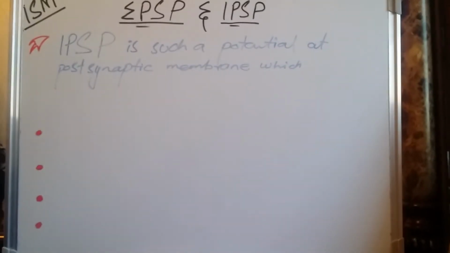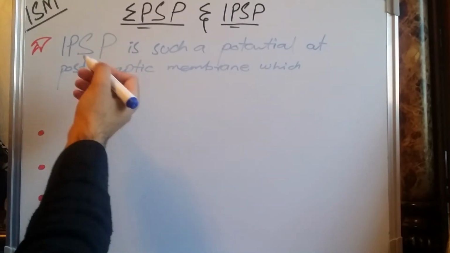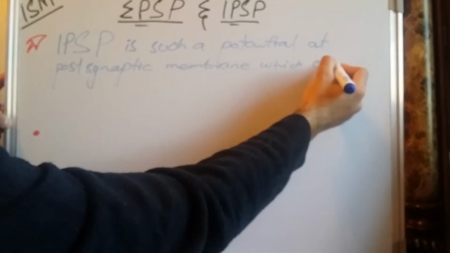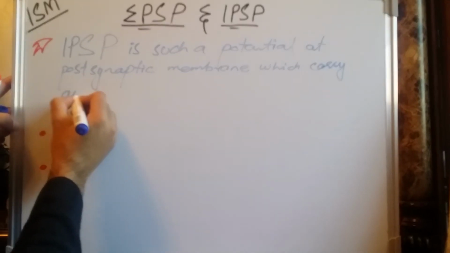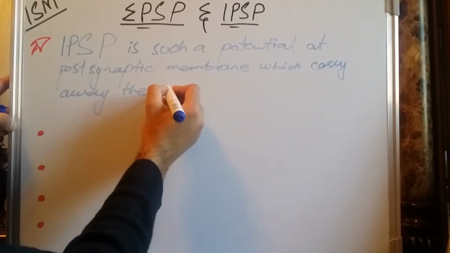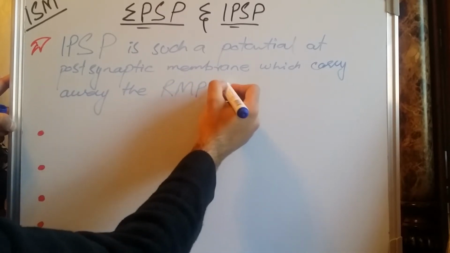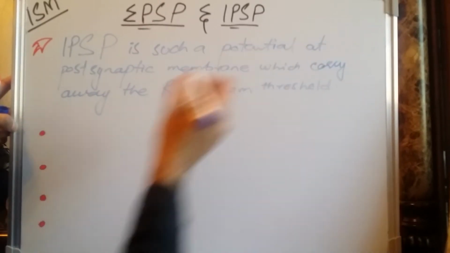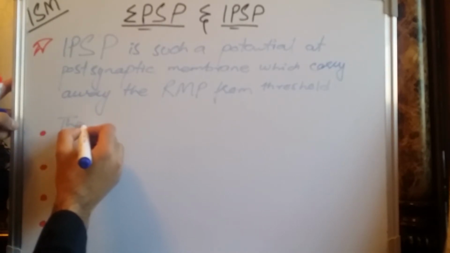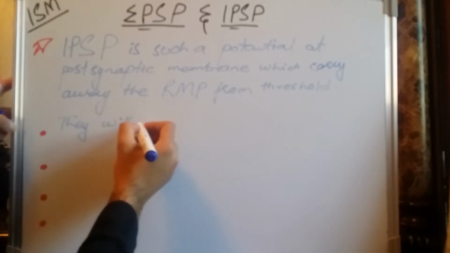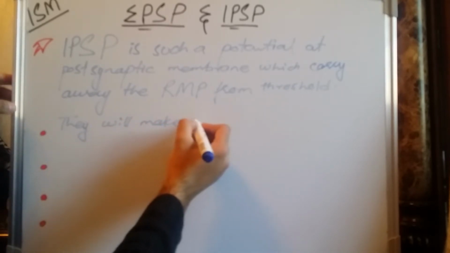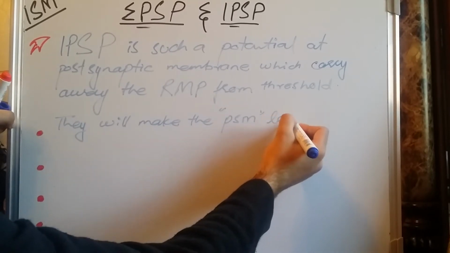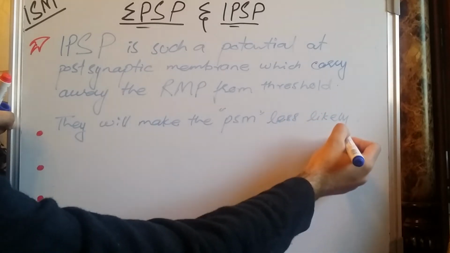I'm not writing the neurotransmitters here, I will just define. It carries the resting membrane potential away from threshold, and makes the postsynaptic membrane less likely to generate an action potential.